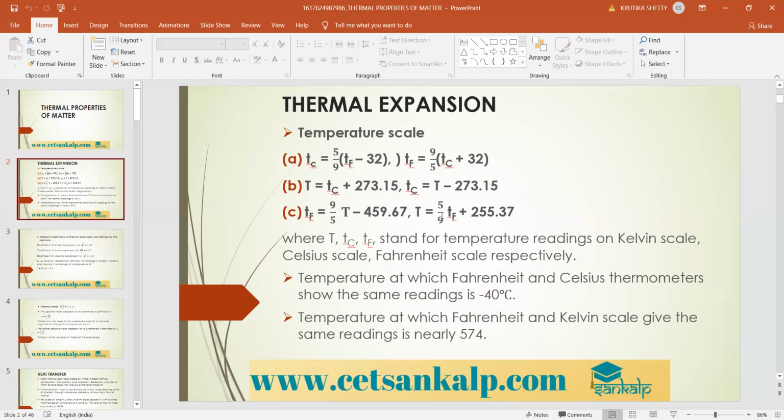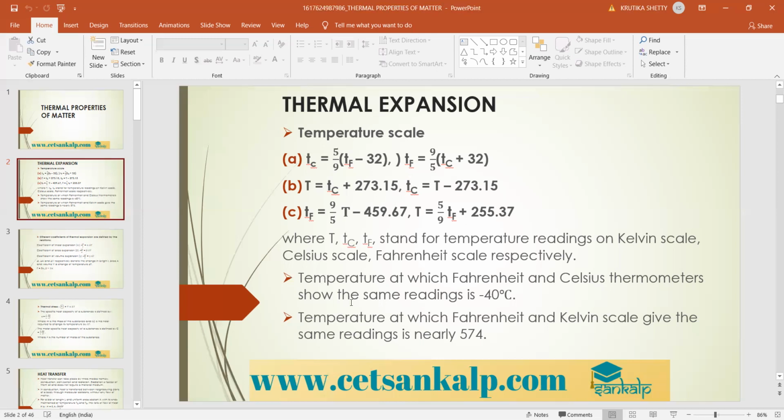That is T is equal to 5 by 9 Tf plus 255.37. So these are the 6 formulas which you can use to convert from one scale to the other, right? So this is the temperature scale.